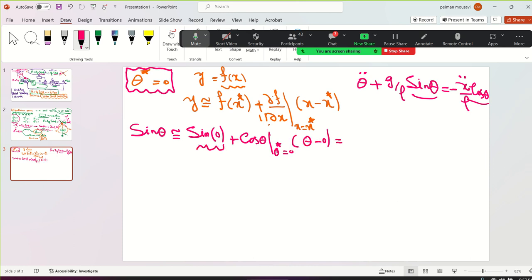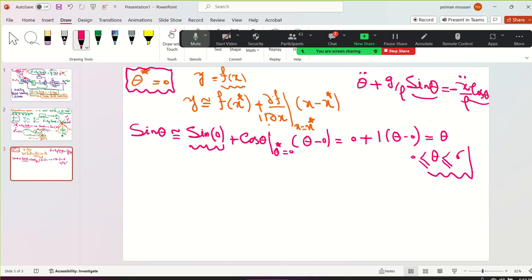Sine of 0 from high school is 0. Cosine of 0 is 1. So at the equilibrium point of 0, you can memorize this forever: the sine of theta is theta. Maybe you know it. And this is valid, please accept from me, between 0 and 6 degrees.